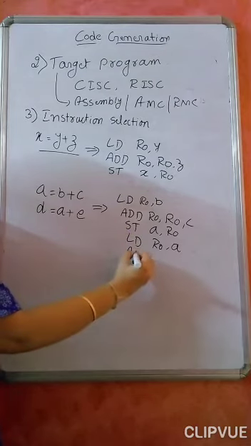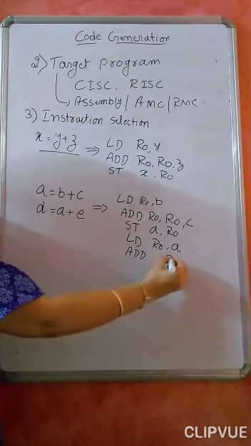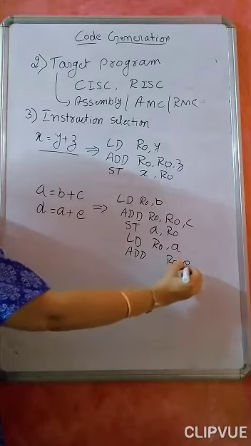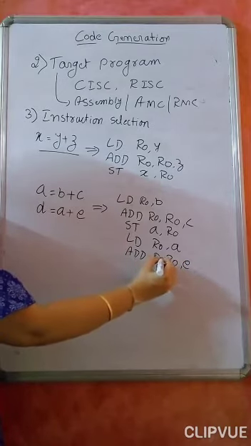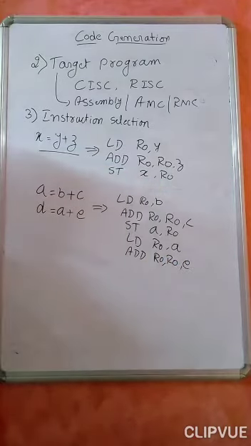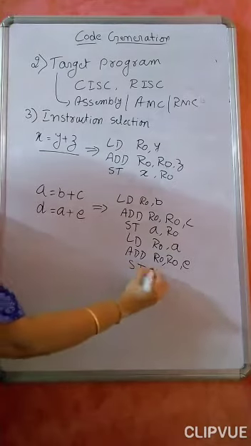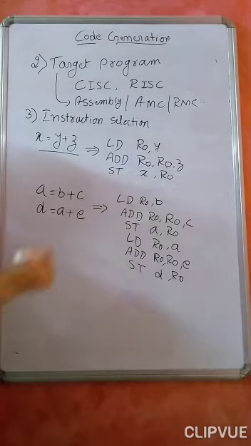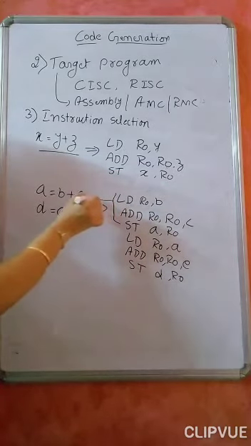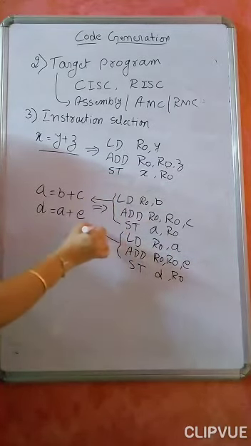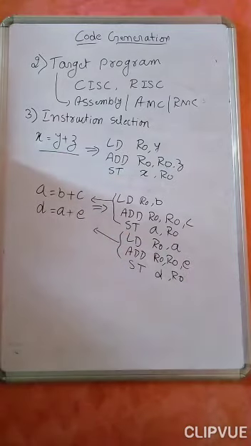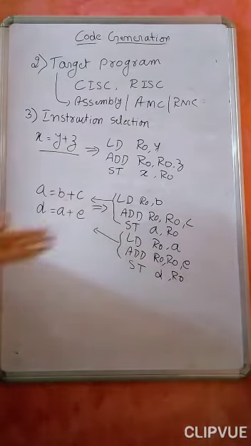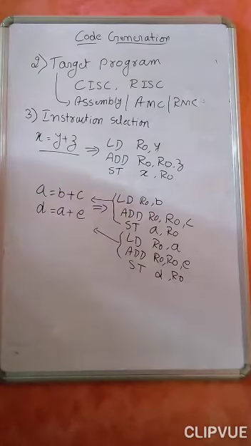Then add whatever is there in the R0 with E, and store the result back to the R0. Finally, store whatever is there in the R0 to D. So these 3 instructions are for the first statement and these 3 instructions are for the second. Now, is this the better instruction set that I have selected?